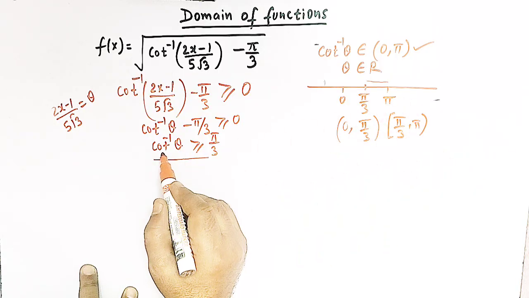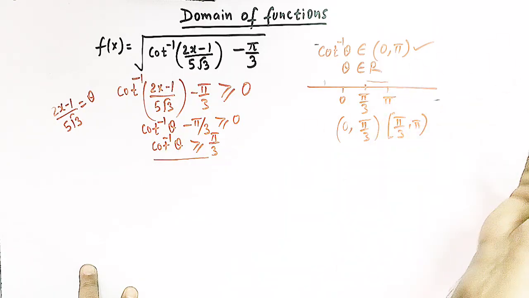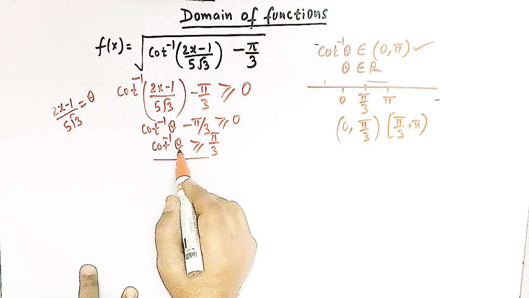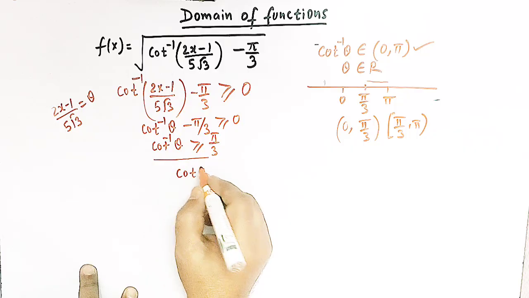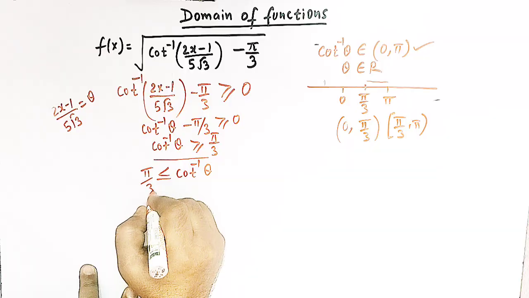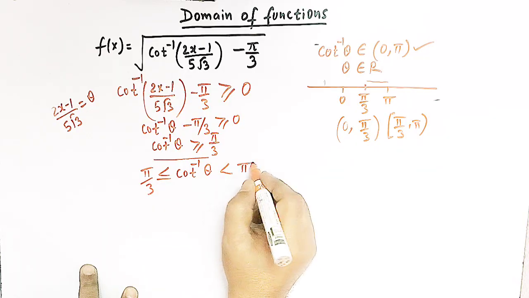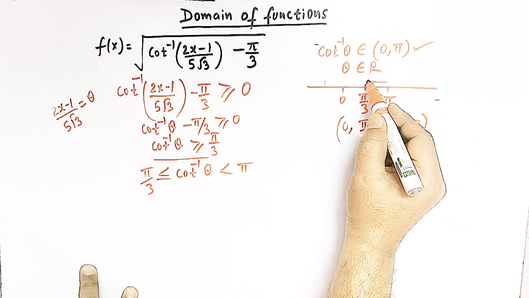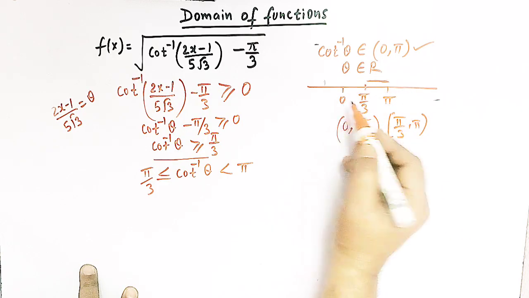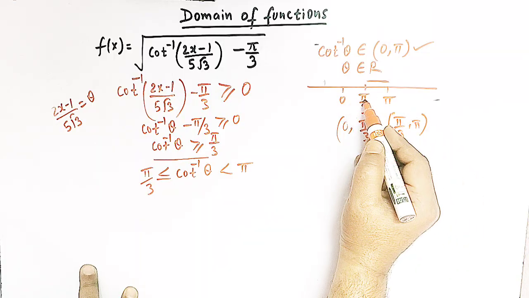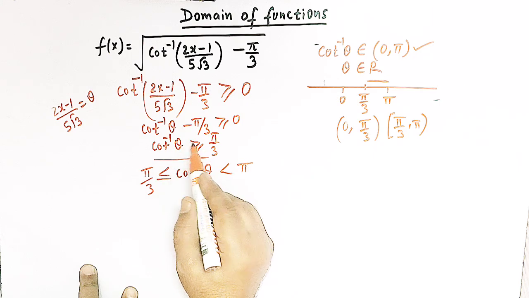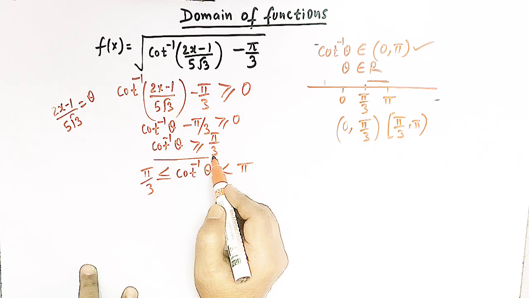And remember, cot inverse theta cannot go beyond pi. So we can modify this inequality by writing cot inverse theta greater than or equal to pi by 3 but less than pi. We cannot take the interval from 0 to pi by 3, because here cot inverse theta is less than pi by 3.